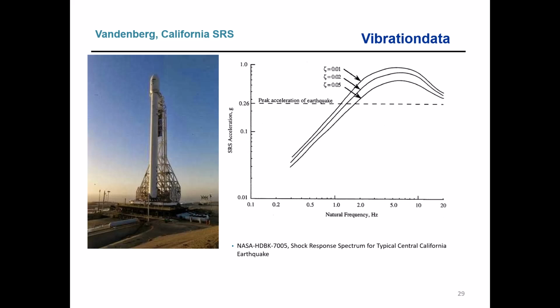But this is the shock response spectrum from NASA Handbook 705, acceleration in g versus natural frequency in hertz. And then there's actually a family of 3 damping curves, which is nice. Now, the dashed line is the peak acceleration. It's actually the peak ground acceleration.